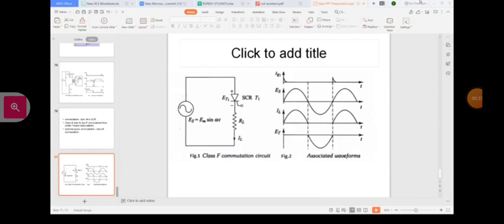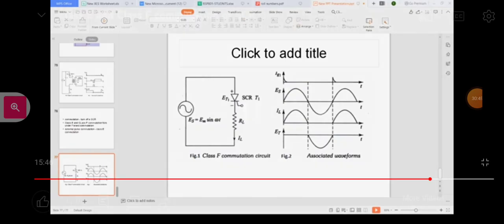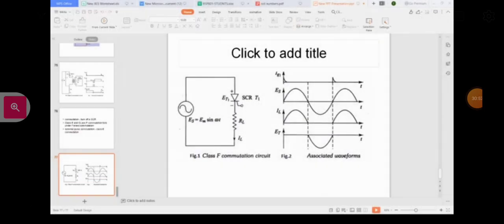Now in this method we have to take one precaution. Listen carefully. When we turn off or commutate an SCR, for successful commutation the reverse voltage must be applied for a time longer than the turn off time of the SCR. Reverse voltage means this negative region, the negative half cycle.